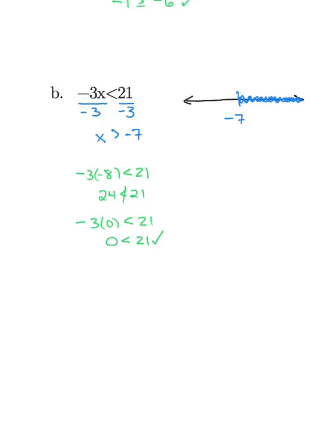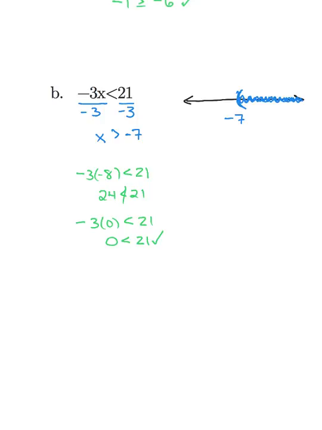Or where would 0 be in reference to -7? It would be to the right of -7, so we want to shade to the right of -7. Since this is a strict inequality, since -7 is not part of our solution set, we want a parenthesis. And so there is the graph for our inequality.